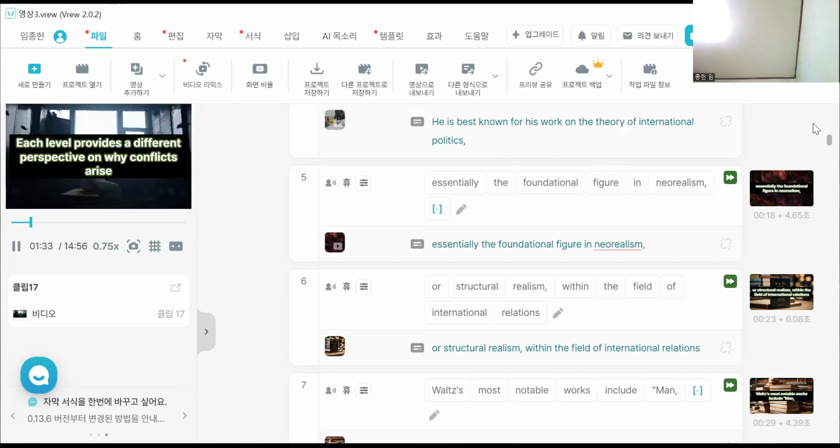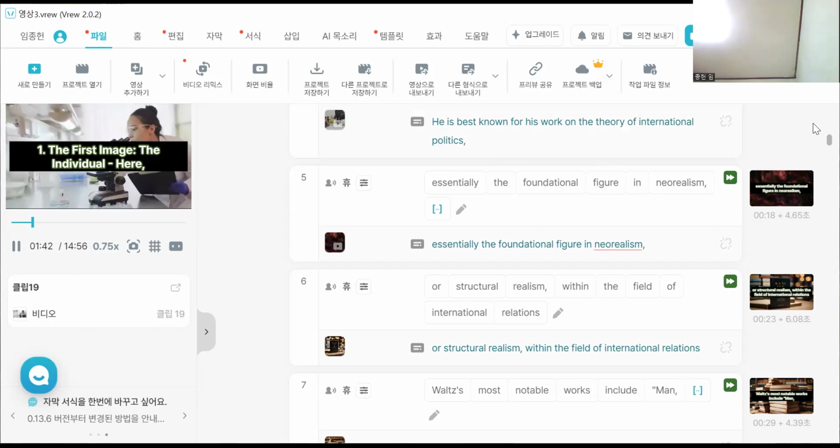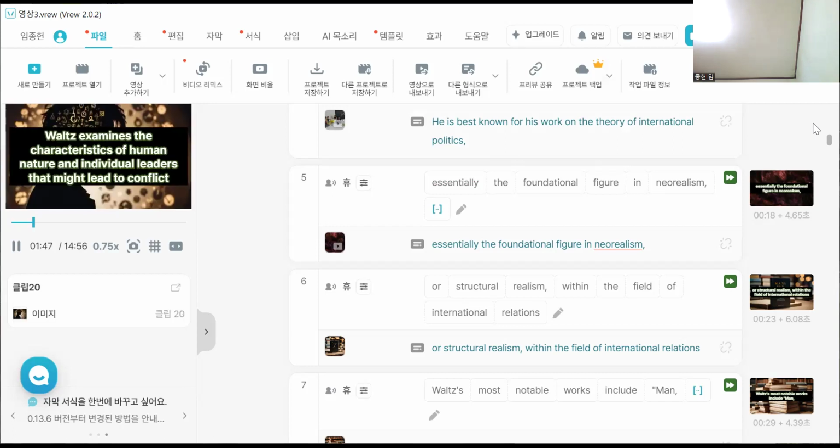Each level provides a different perspective on why conflicts arise and how they might be resolved. 1. The first image, the individual. Here Waltz examines the characteristics of human nature and individual leaders that might lead to conflict.